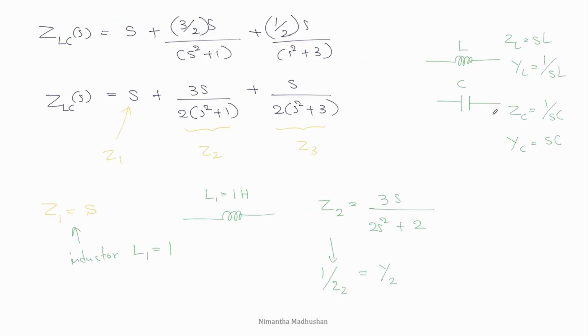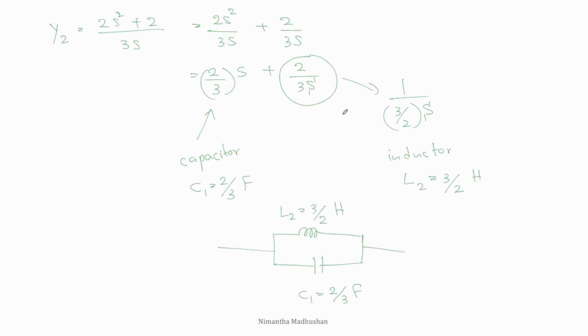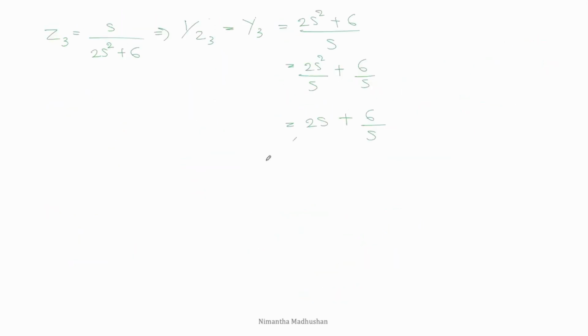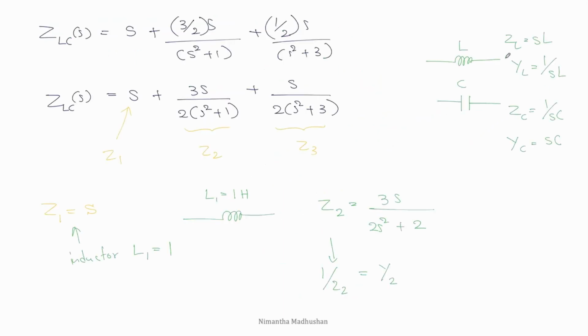If we check the admittance value of the inductor and capacitor, this one is similar to the representation of a capacitor. Then C2 will be a 2 farad capacitor. And if we check this one, I will rearrange it as 1 over 6 times S. Then it is a representation of an inductor admittance value.